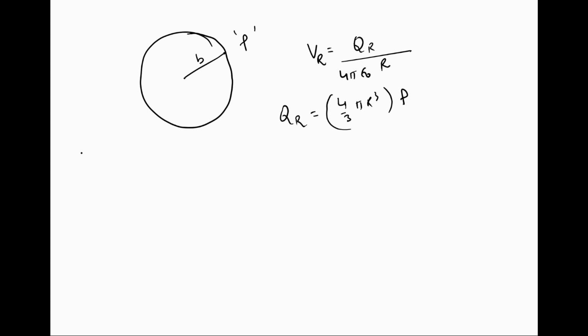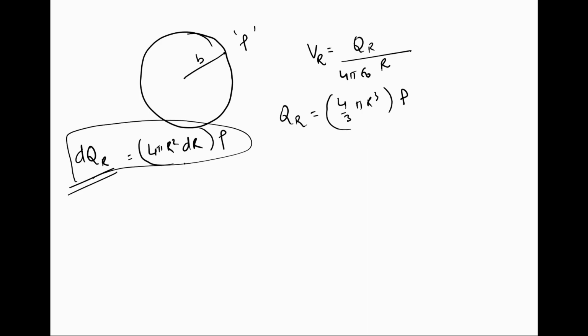Now let us say I bring another charge dq_r from infinity and I uniformly apply it on the surface of the sphere. So it will be 4 pi r square dr into rho.